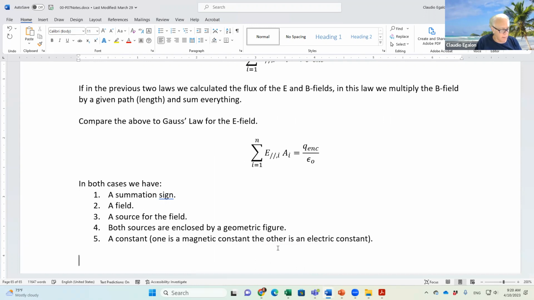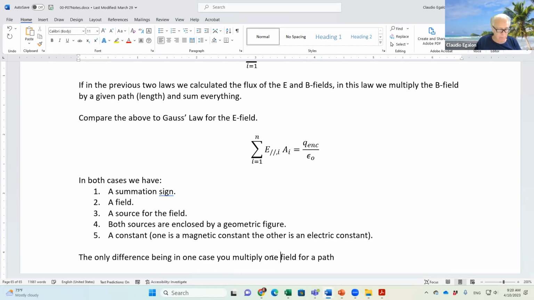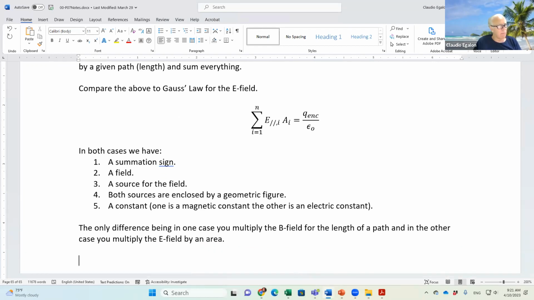The only difference being that in one case you multiply the B field by the length of the path, and in the other case you multiply the E field by an area. That's the basic difference.